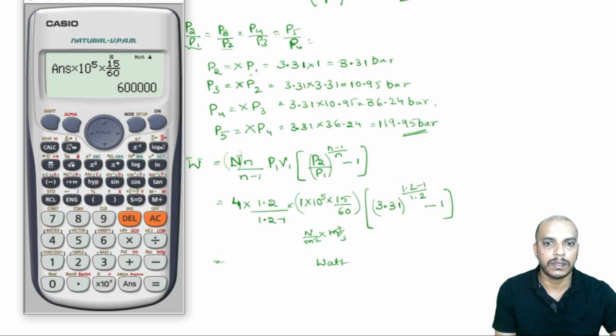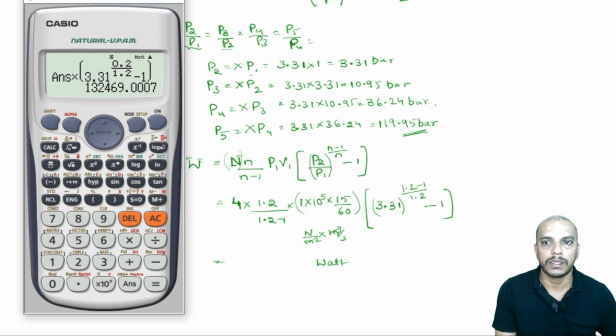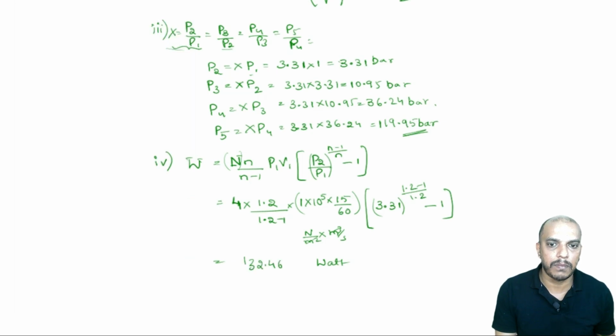Then, going into the bracket, 3.31 power 0.2 divided by 1.2, minus 1, close the bracket. We must get the answer 132.46 into 10 power 3 watts. If you divide this by 1000, it will be in kilowatt. So, 132.46 kilowatt.